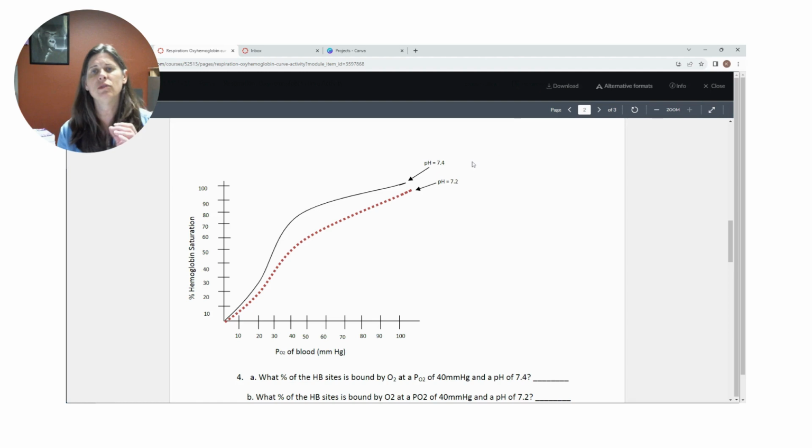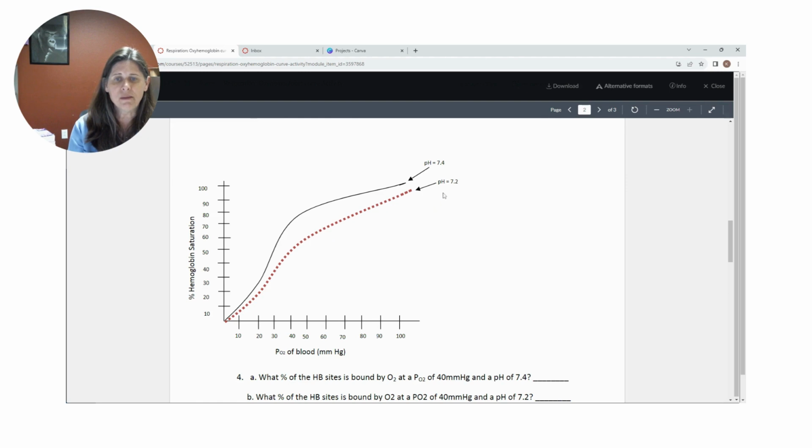So recall that normal blood pH is about 7.35 to 7.45. We're slightly basic in our blood. So if that shifts below 7.35, our blood is considered acidic, and how acidic it gets depends on how far down the pH scale it goes.